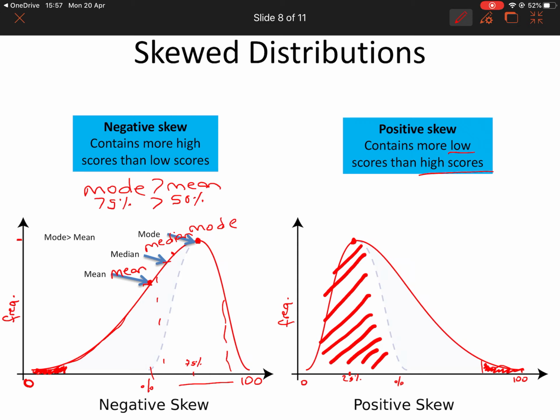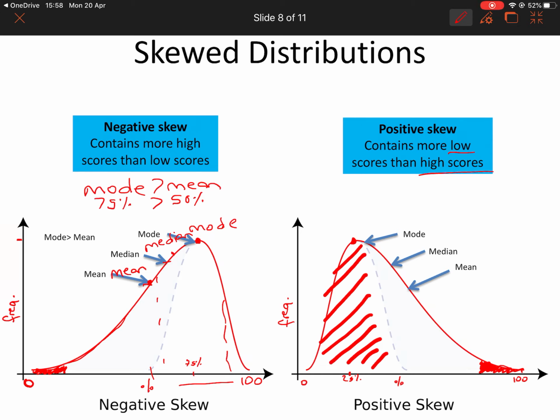So when we look at a positively skewed data set, we can see again our mode is up here at the highest point of the peak, followed by our median, which is the middle number in all of our data set. And we can see that our mean here is going to be higher than our mode, because although the whole class as a whole did pretty poorly on this test, with most people not getting above 50%, we've got a few excellent students that have worked their socks off and got really, really high scores that are pulling up our mean.